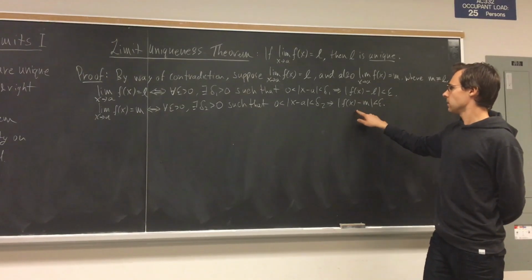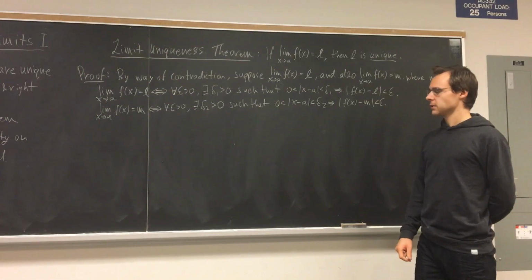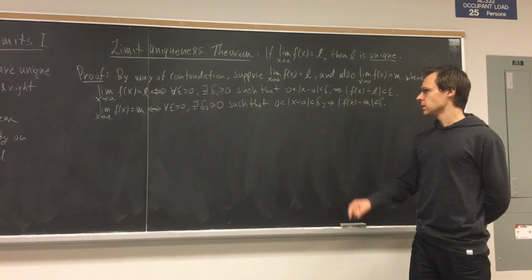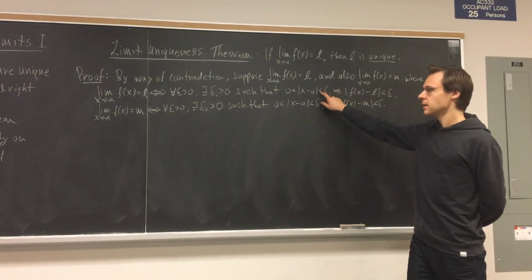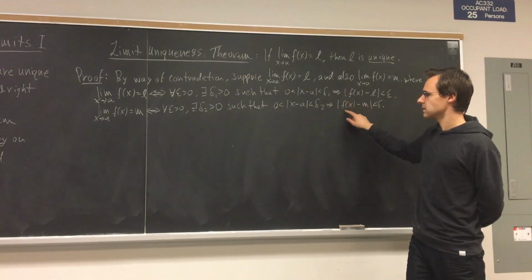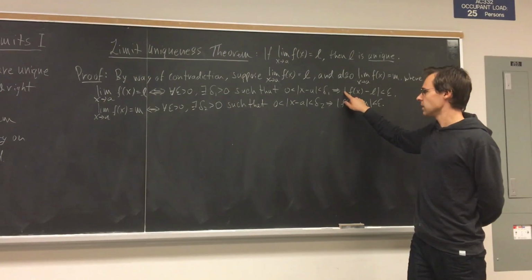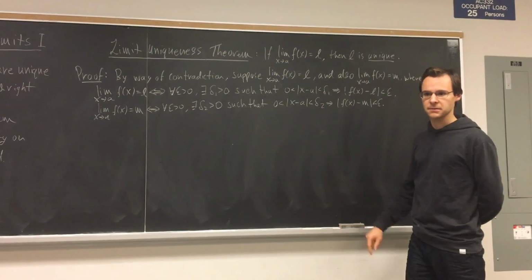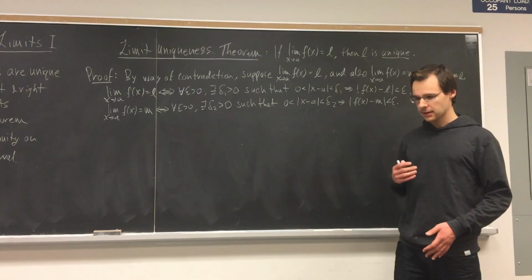Okay? Now, these are possibly different deltas, but it turns out that there exists a single delta, such that if 0 is less than |x minus a| is less than that single delta, then both of these statements hold at the same time. What is that single delta? Well, it's the smaller of the two of these. So we can fold these two statements into one like this.